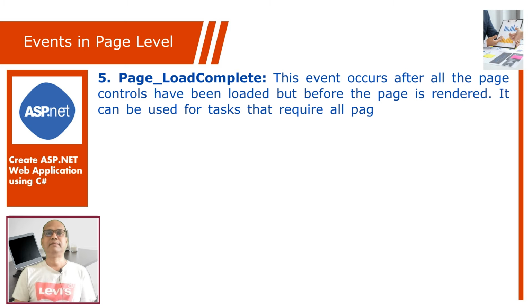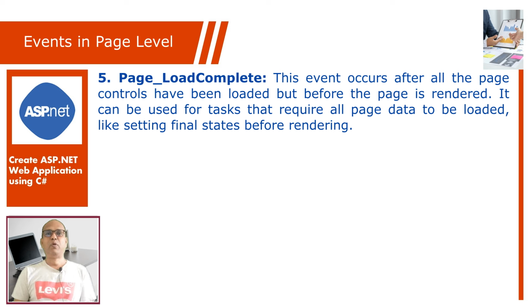Number 5, Page LoadComplete. This event occurs after all the page controls have been loaded but before the page is rendered. It can be used for tasks that require all page data to be loaded, like setting final states before rendering.